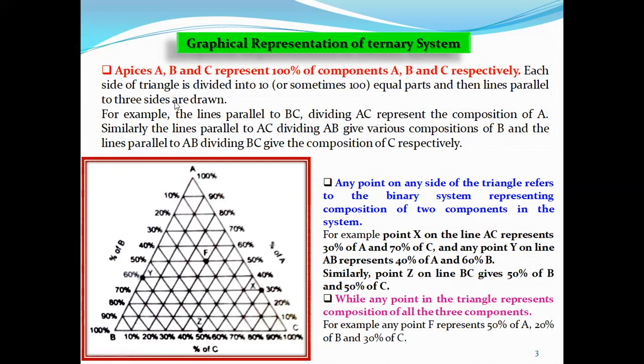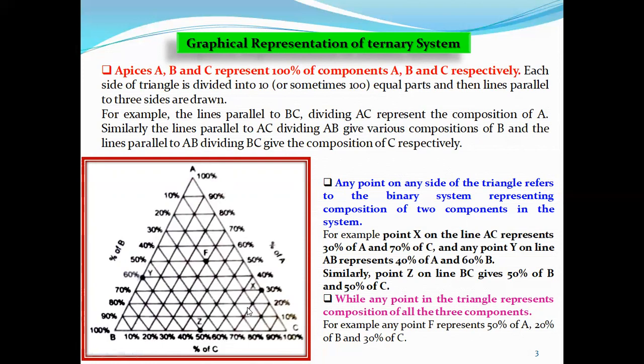Again, each side of the triangle is divided into 10 or sometimes 100 equal parts, and lines parallel to the three sides are drawn. Each side of the triangle is divided into 10 parts, as per the percentage 10, 20, 30, 40 up to 100%. Similarly, each side, AC, AB, or BC, is divided into 10 parts.